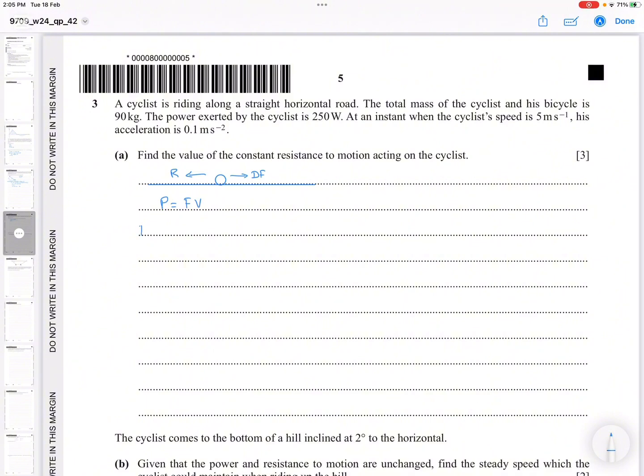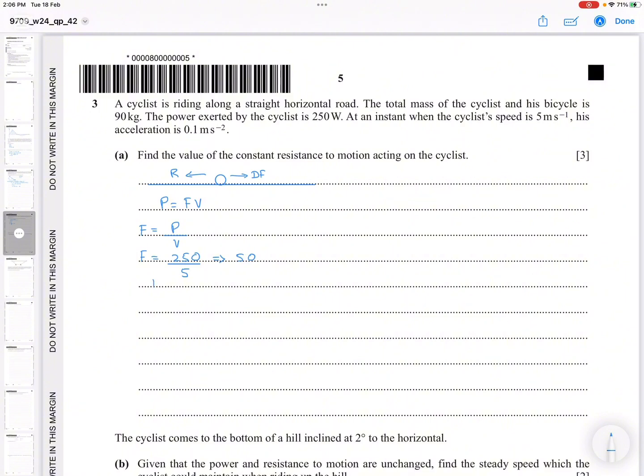So from here make force the subject, so P over V. So our P is 250 and our velocity is 5. So this gives us 50.